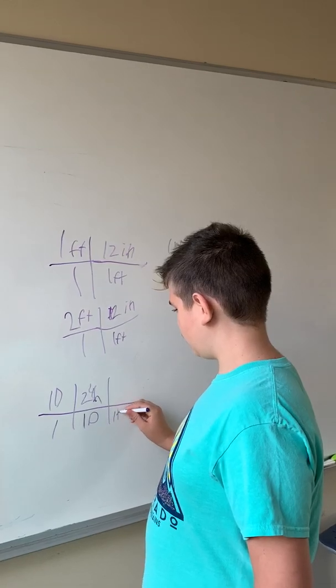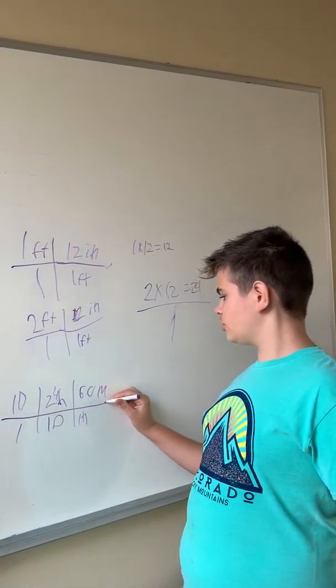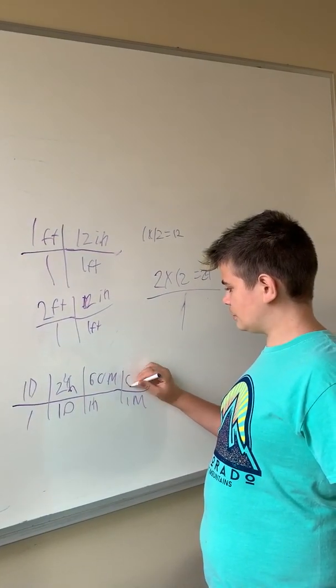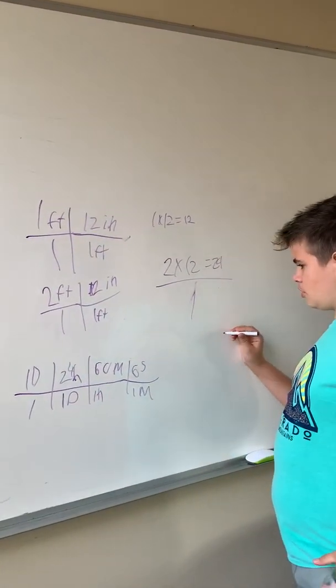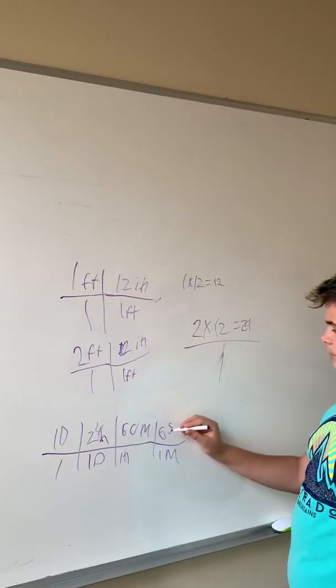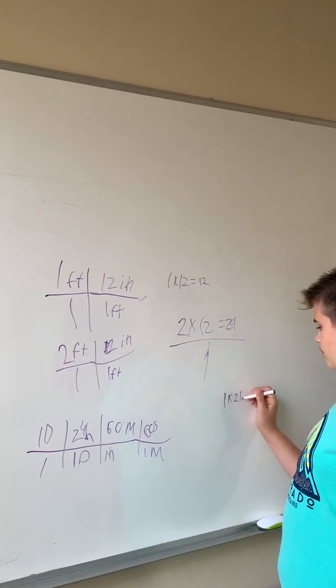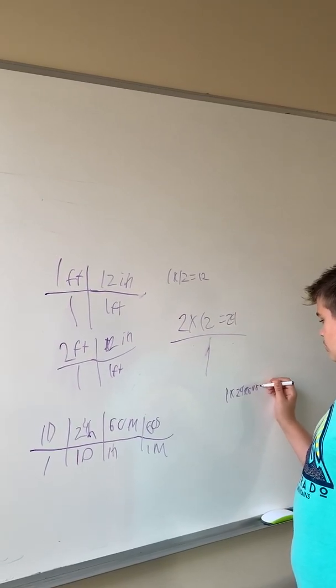In 1 hour, there are 60 minutes. In 1 minute, there are 60 seconds. So it's 1 times 24 times 60 times 60.